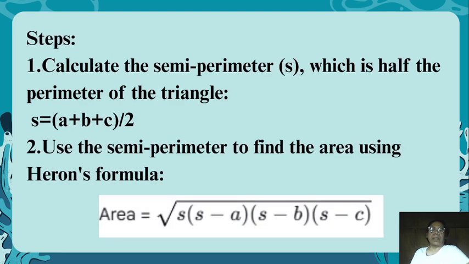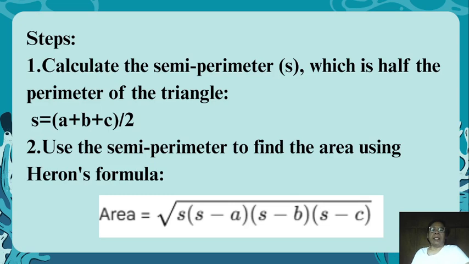These are the steps in obtaining the area of an oblique triangle without any angle given. First, calculate the semi-perimeter s, which is half the perimeter of the triangle. So s is equal to (a + b + c) divided by 2.